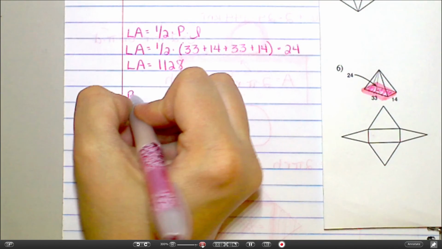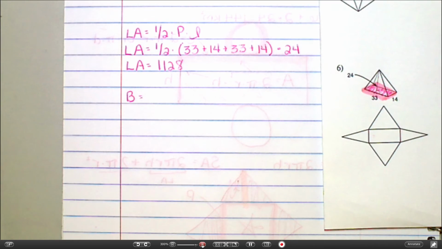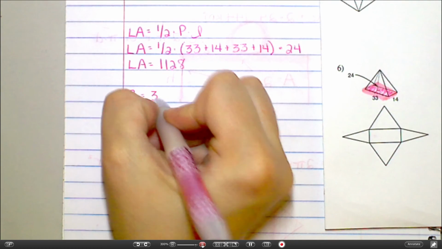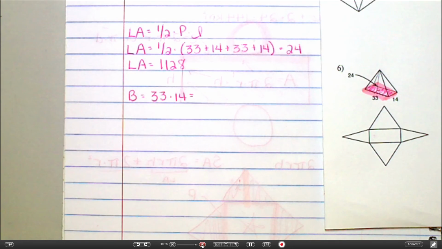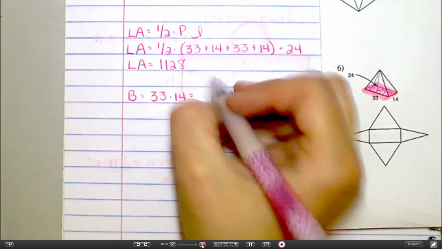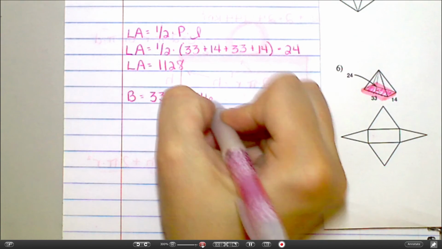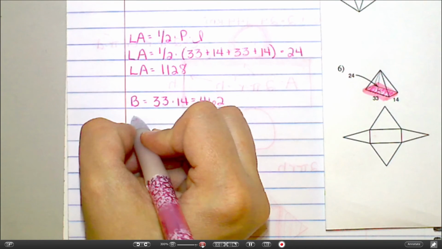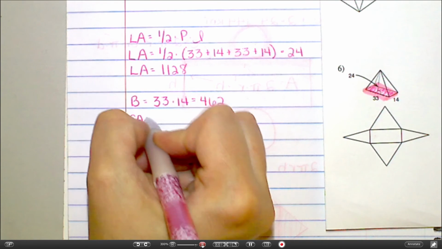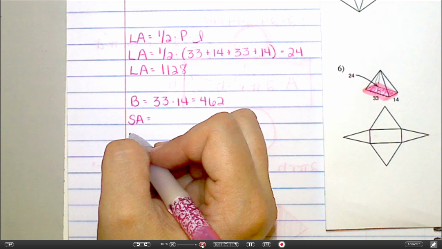How do you do area of a rectangle? It would be 33 times 14. I get 462. And what am I going to do with that 462? For my total surface area, am I only adding 1 or am I adding 2?